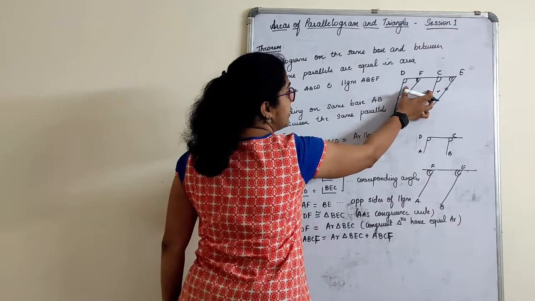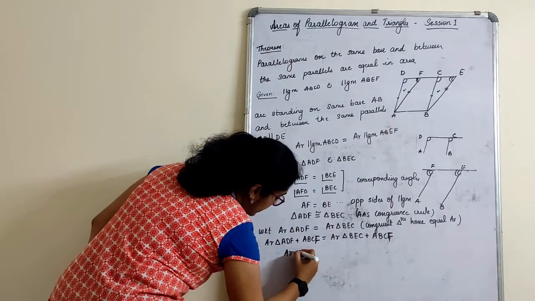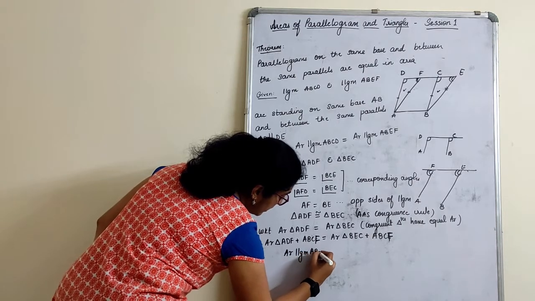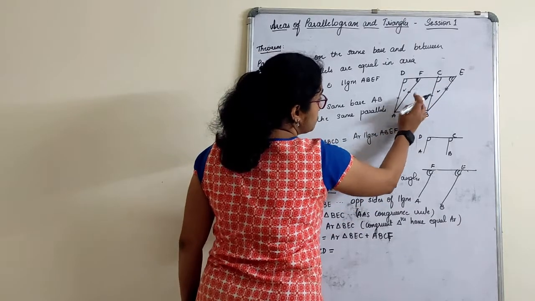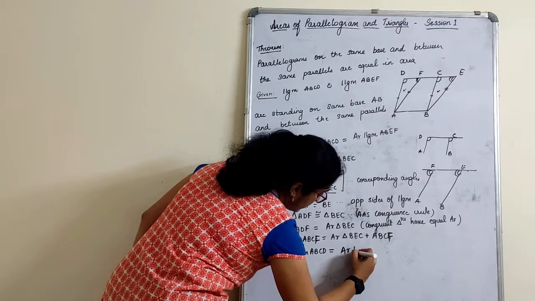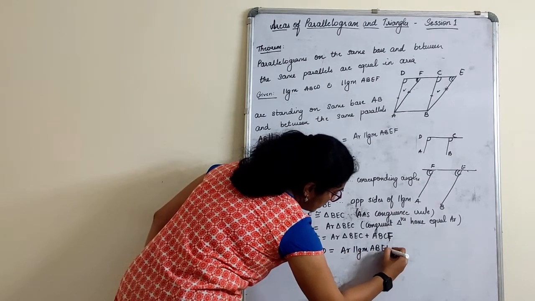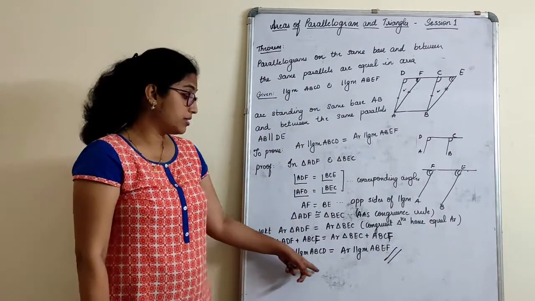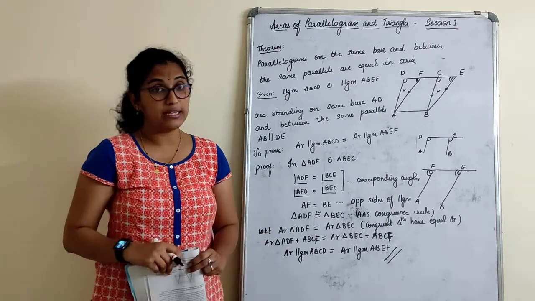This plus this, read, children, what you get: ABCD, which is nothing but area of parallelogram ABCD. That is equal to this plus this part, you get ABEF, area of parallelogram ABEF. Hence proved: parallelograms standing on the same base and between the same parallels are equal in area.